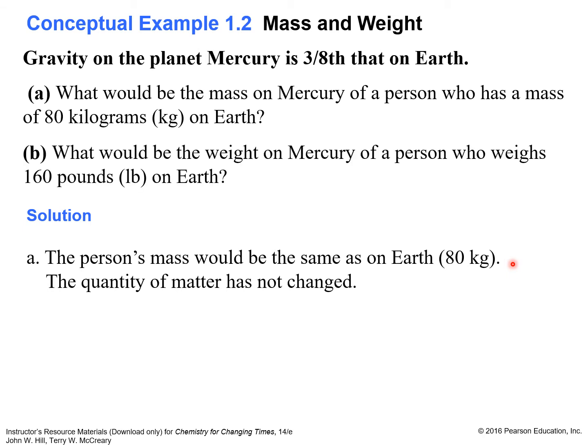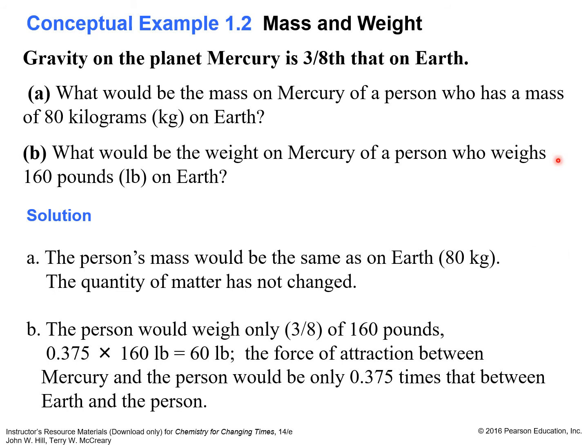But what would be the weight of that person? Weight, we know, depends on gravity. So the person would weigh only 3/8 of 160 pounds. You can either do 3 divided by 8 times 160, or you can calculate it into a decimal.